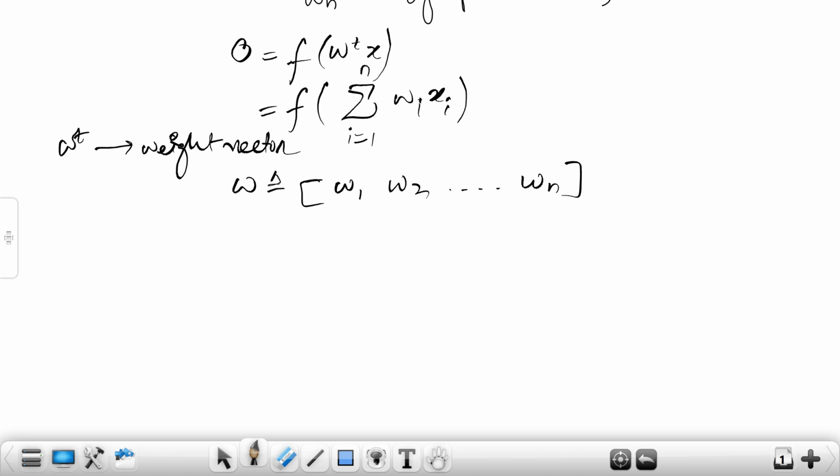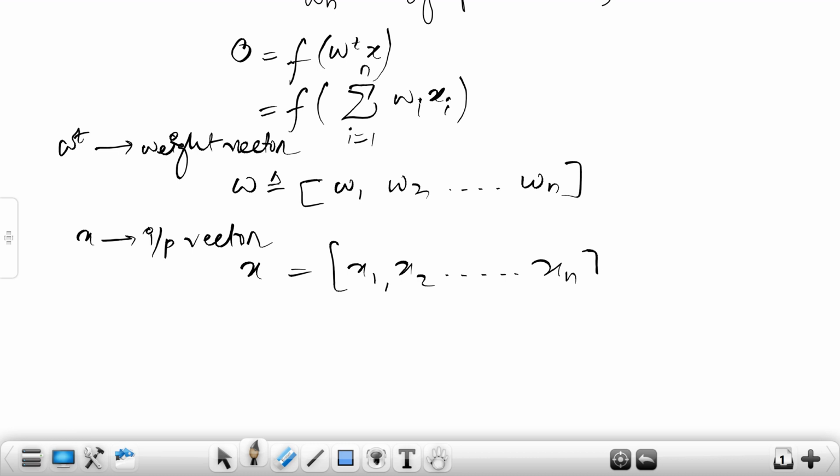And x is the input vector, so x will be x1, x2 and so on till xn. These are all column vectors, and the T in w^T represents the transpose of the vector.